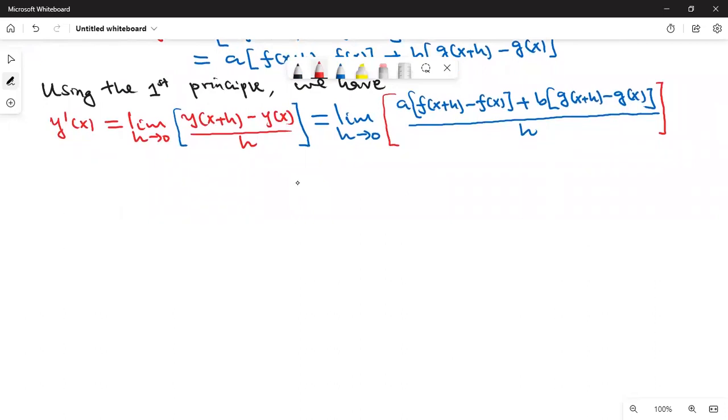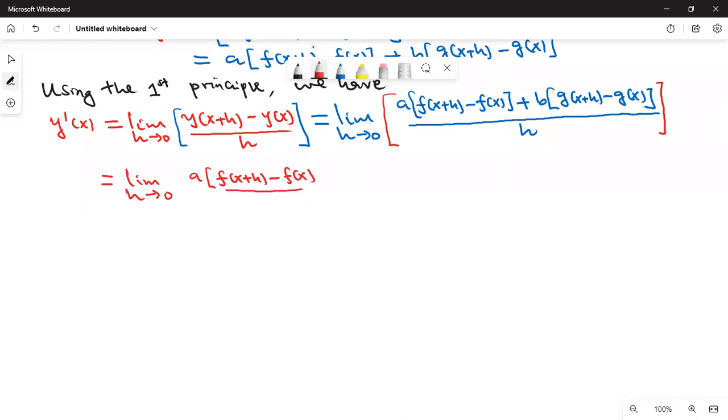Now, this thing can be written as, another color, can use red, it is still equal to the limit as h approaches 0 of a times f of x plus h minus f of x.